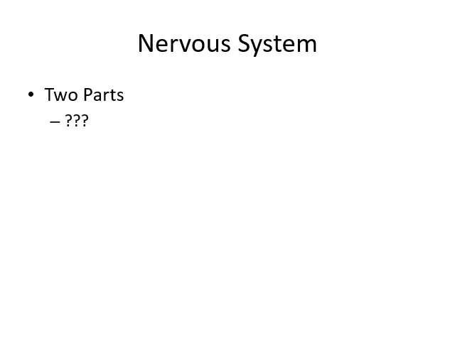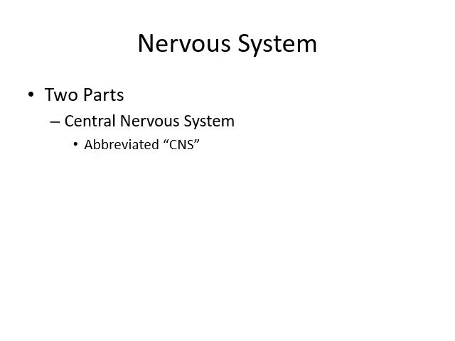So we're looking at the nervous system. We're going to deal with 2 different parts. First, we have the central nervous system, and we'll use the abbreviation CNS to denote that. And that's kind of the center of everything, the central nervous system.